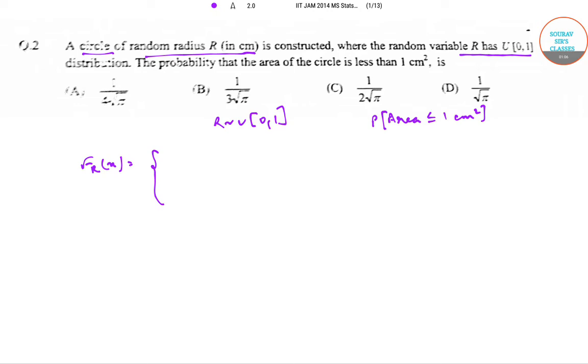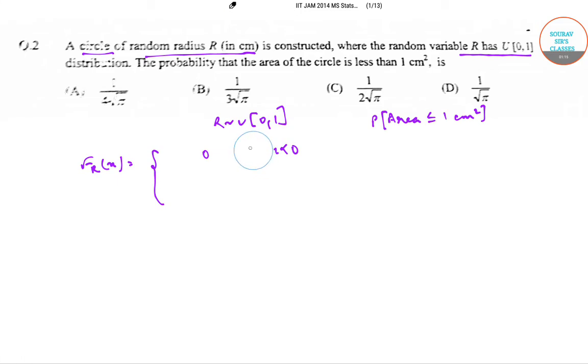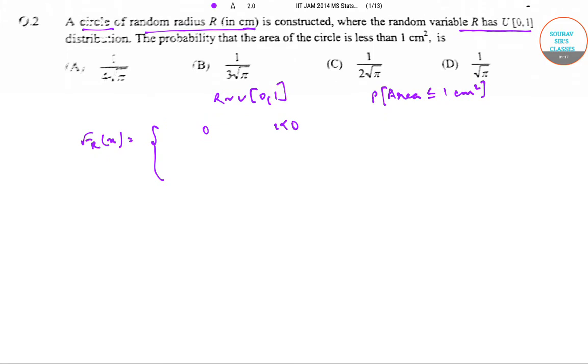It goes as this: 0 for x less than 0, (x minus 0) by (1 minus 0) for 0 less than or equal to x less than 1, and 1 for x greater than or equal to 1.